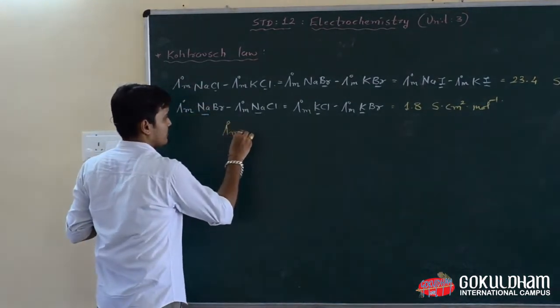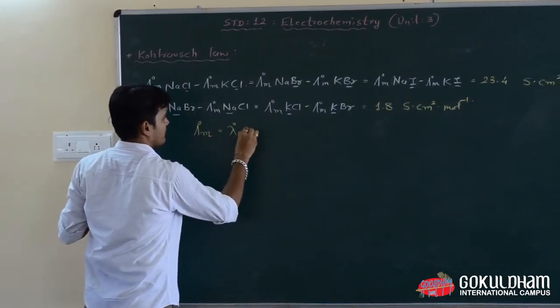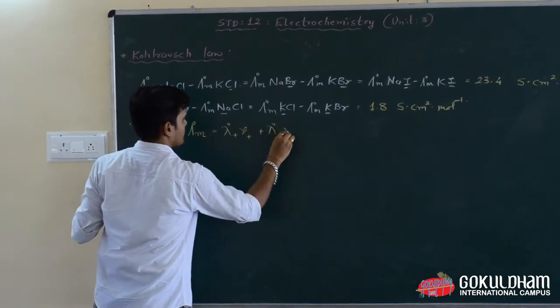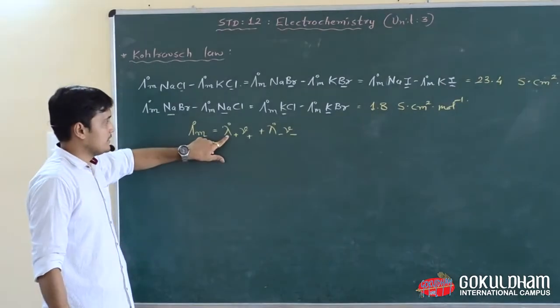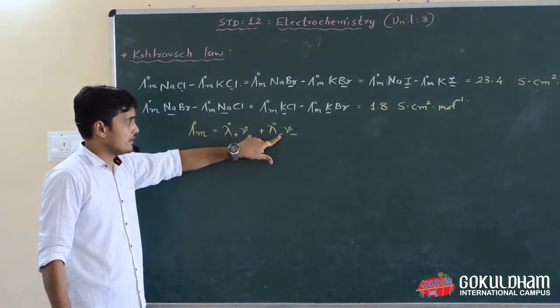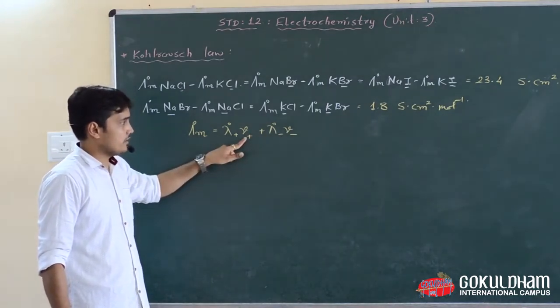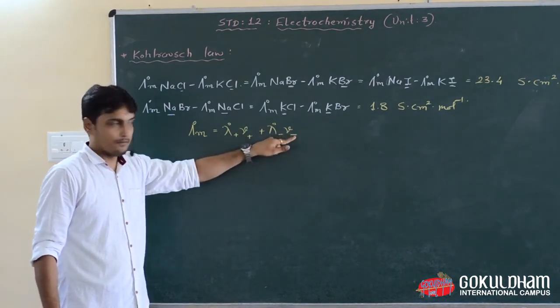The lambda 0 m is equal to lambda 0 plus mu plus lambda 0 minus mu minus. Lambda 0 plus means positive ion molar conductivity, and here minus means negative ion molar conductivity. This mu plus is for the positive ion and mu minus is for the negative ion.